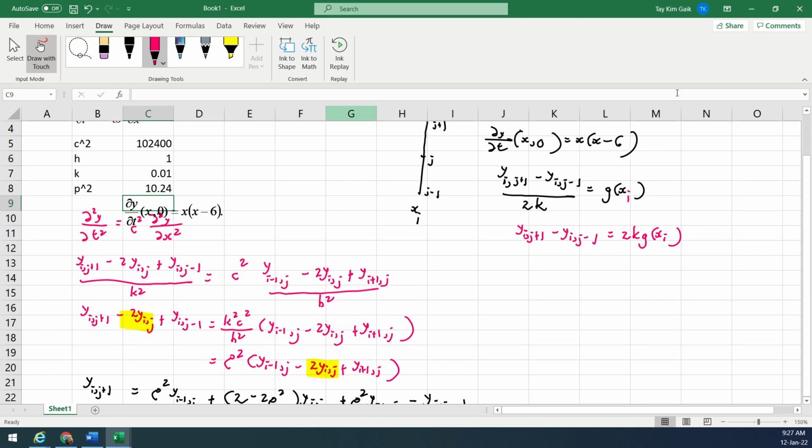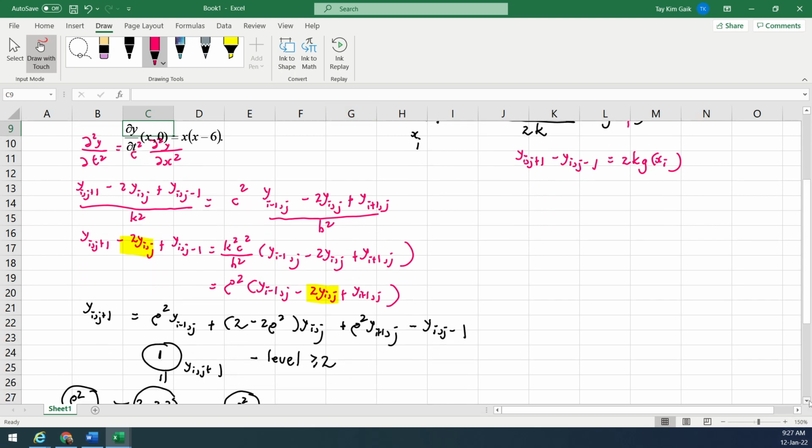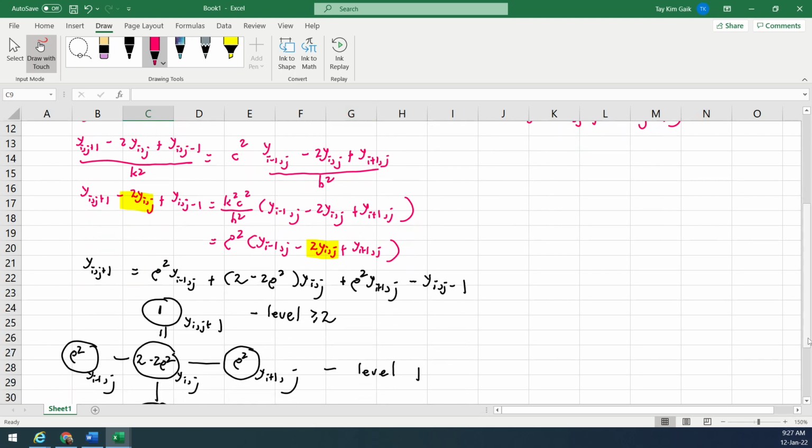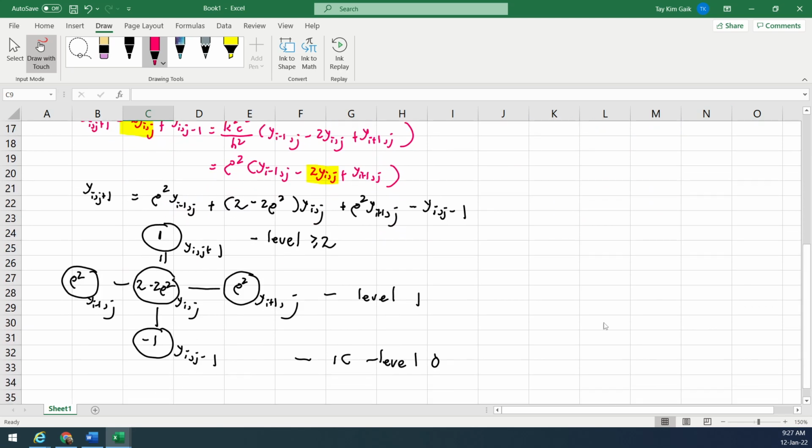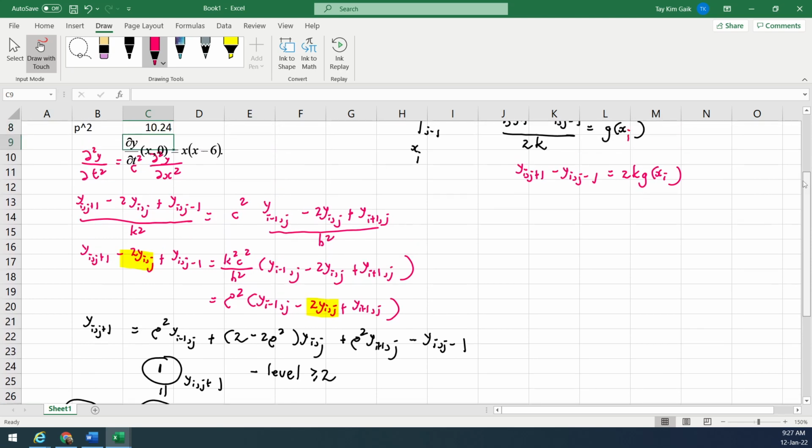So you want to eliminate yi j minus 1 here, to get a two-level scheme to solve for level 1.